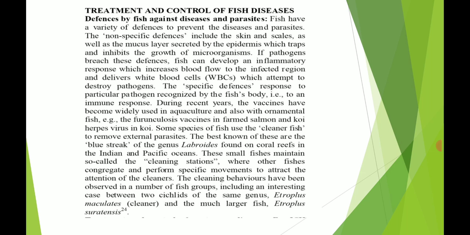Cleaning behaviors have been observed in a number of fish groups, including an interesting case between two cichlids of the same genus, that is Etroplus maculatus, the cleaner, and the much larger fish Etroplus suratensis.